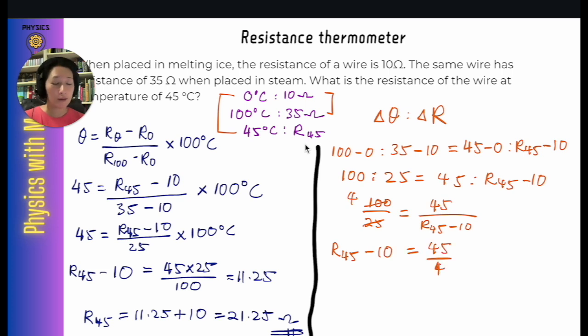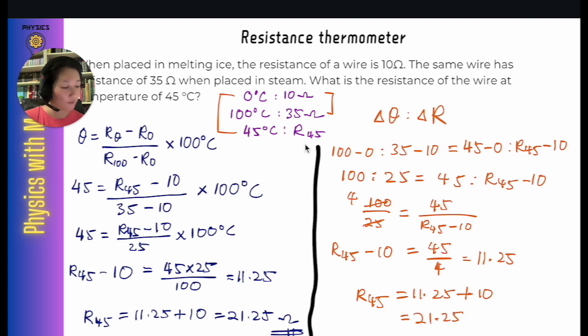So 45 divided by 4 would give us 11.25. And then we bring 10 over, giving us 11.25 plus 10, giving us 21.25 ohm. And as you can see, you get the same answer.